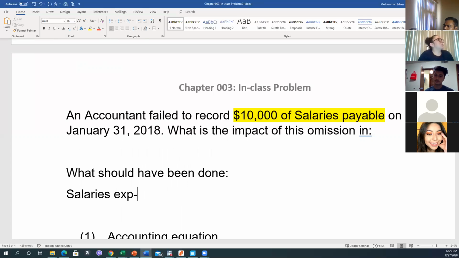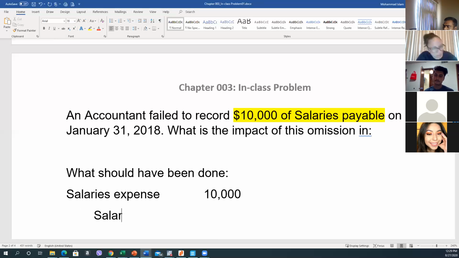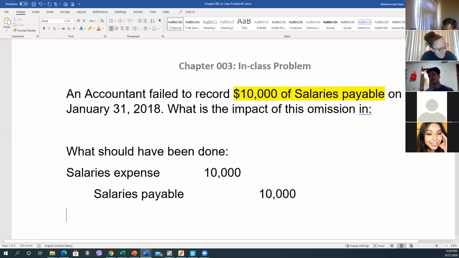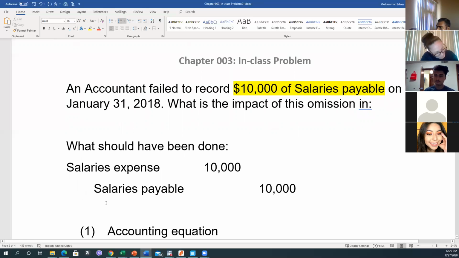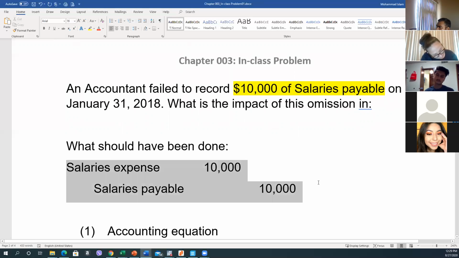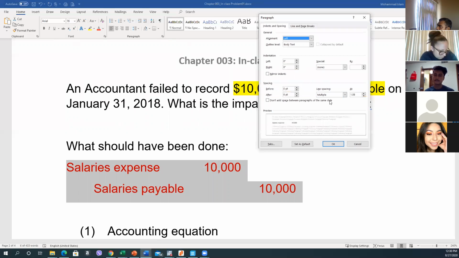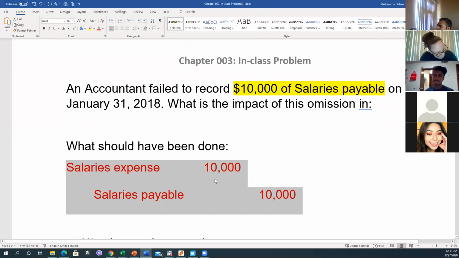Salaries expense $10,000, salaries payable 10,000. This should have been recorded, but they did not record it. So if we don't record this one, what is the impact?